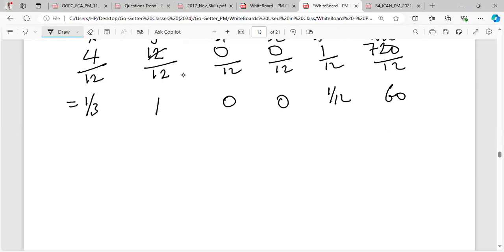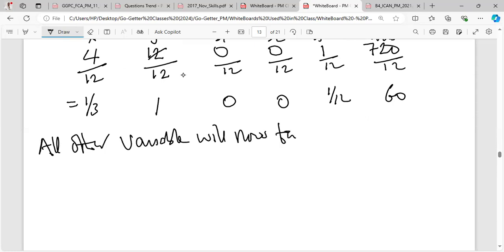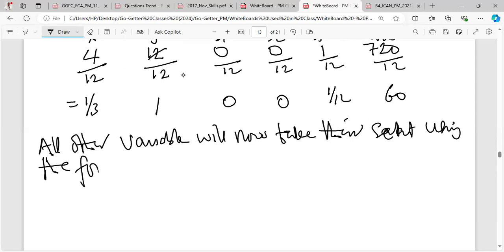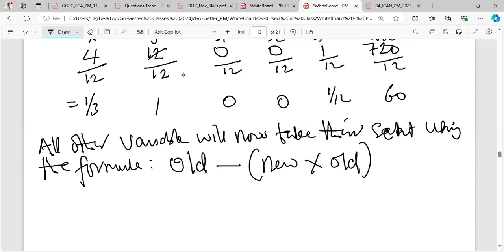So all other variables will now take their seats using the formula: old minus new times old. I will interpret.